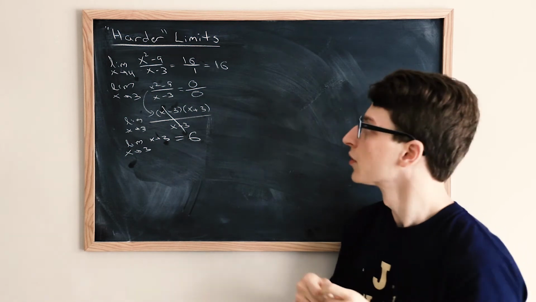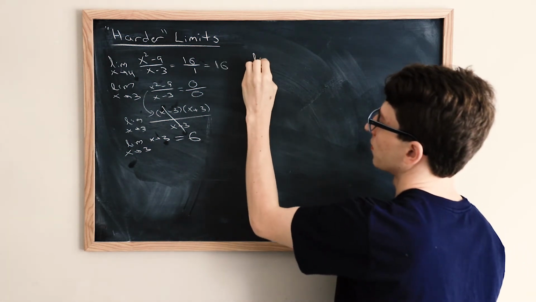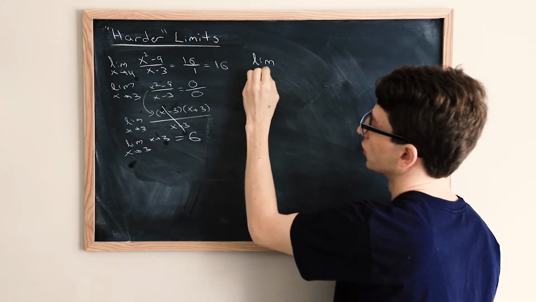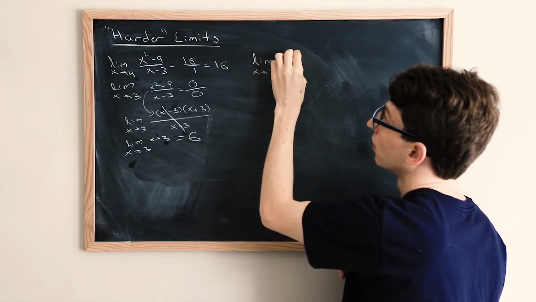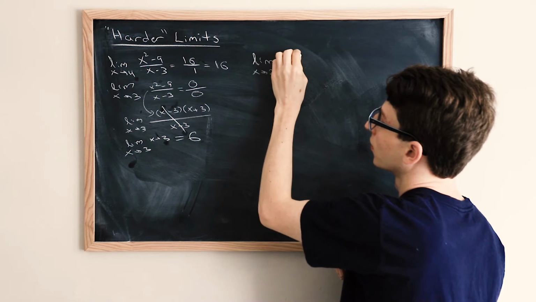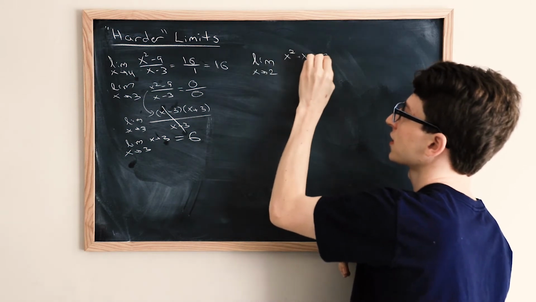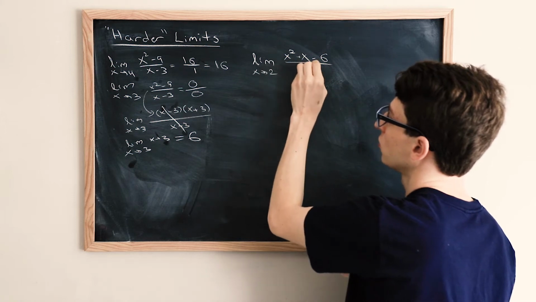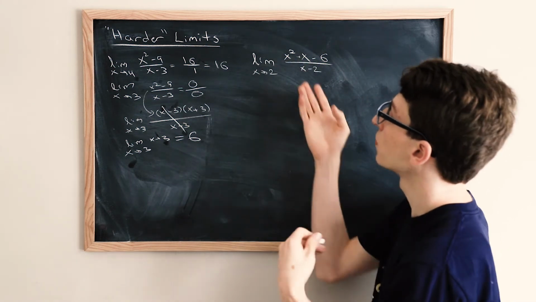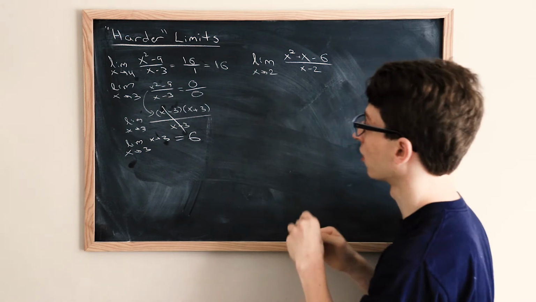Another way to use this is, again, if we're going to look at something like the limit as x goes to 2 of x squared plus x minus 6 all over x minus 2. Again, when you plug in 2, you're going to get 0 over 0.